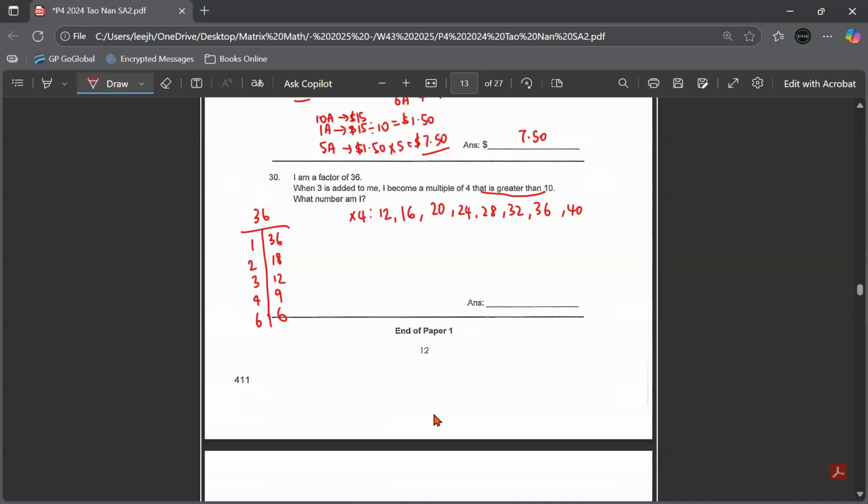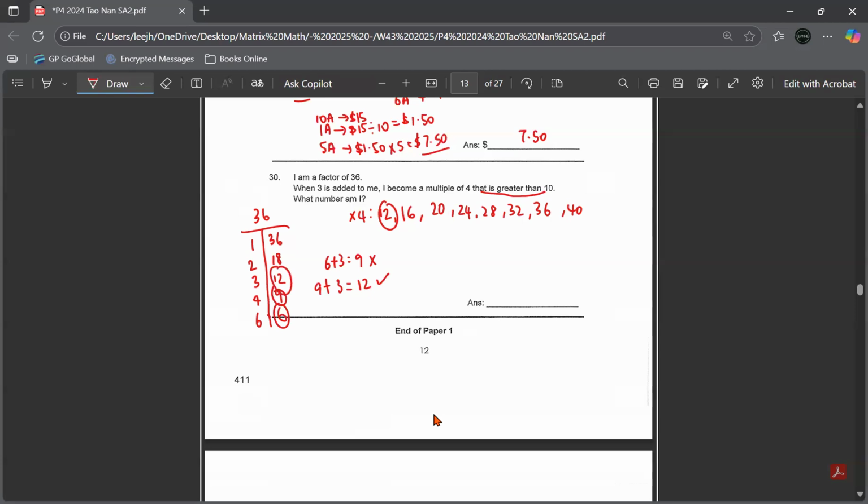So that means let's look at 1 and 2 cannot. Even if you add 3 to 1, 2, 3, it is still lesser than 10. 4 plus 3 also lesser than 10. Right. And 6 plus 3, let's try 6. 6 plus 3 is 9. It's not a multiple of 4 and it's also less than 10. 9 plus 3 is 12. It is a multiple of 4 and it's also greater than 10.